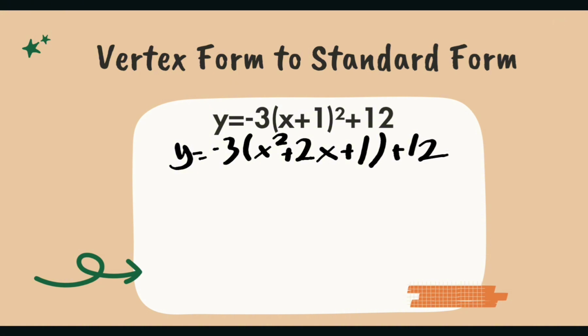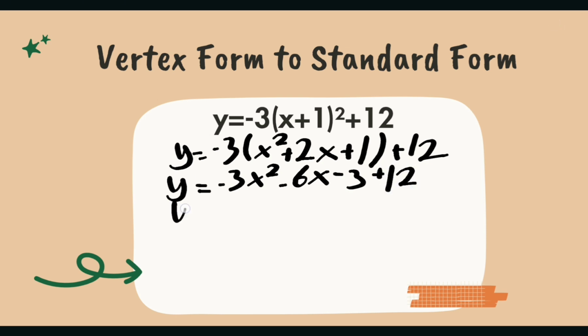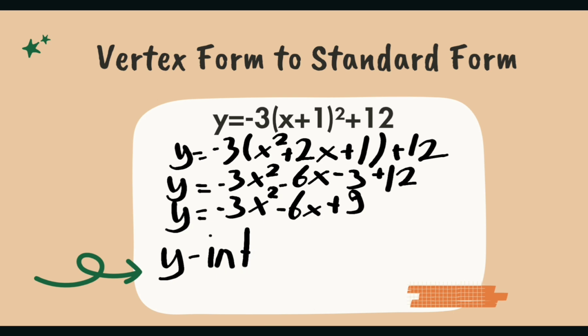We should distribute the 3. y equals minus 3x squared minus 6x minus 3 and plus 12. Finally, we need to simplify. Minus 3x squared minus 6x plus 9. This is our standard form, and our y-intercept will be (0, 9).